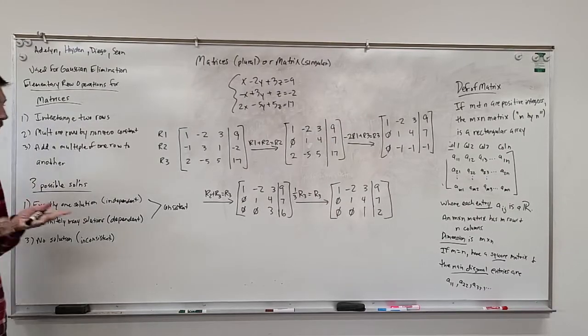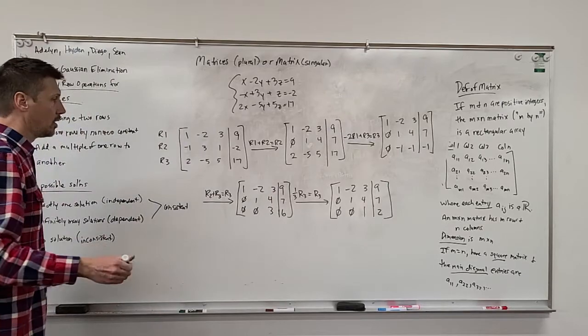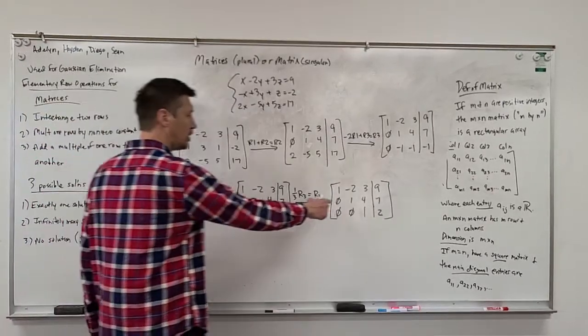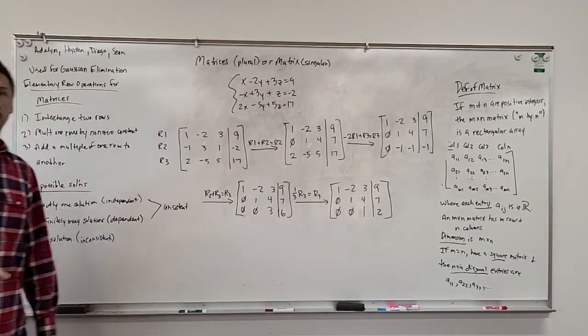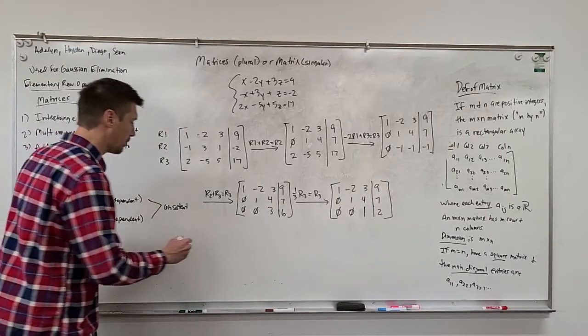But what we've basically done with these row operations on the matrix is now we can pull from this a new system of linear equations, which is in row echelon form, like we learned in the last chapter.